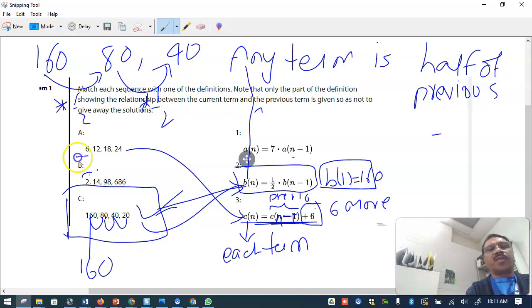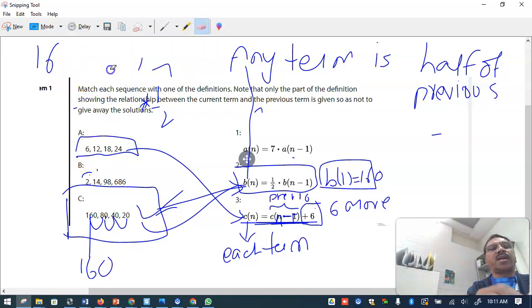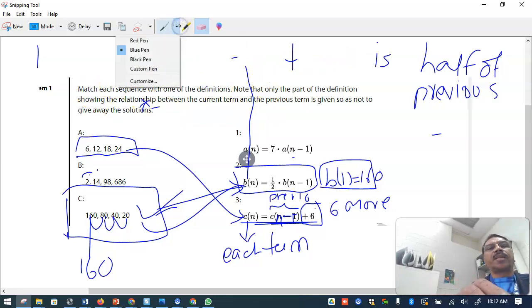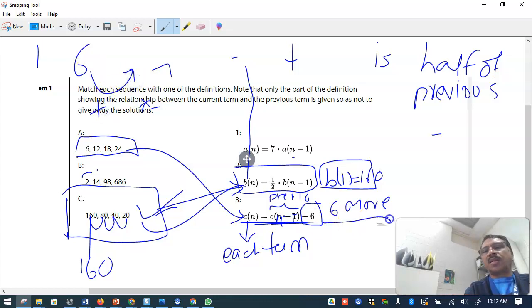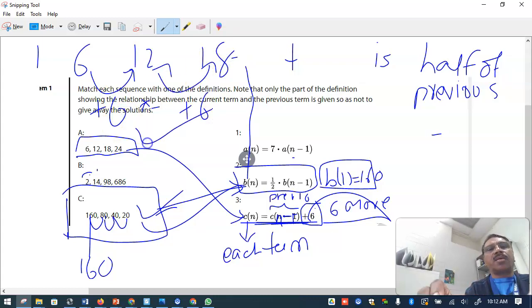So does this sequence satisfy the condition? You can see it begins with 6, and then you add 6 more. So plus 6 is 12, and again plus 6 is 18, and there you go. This is how you're supposed to get the answer.